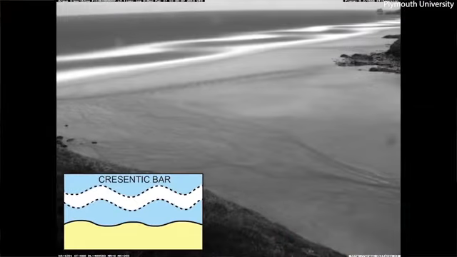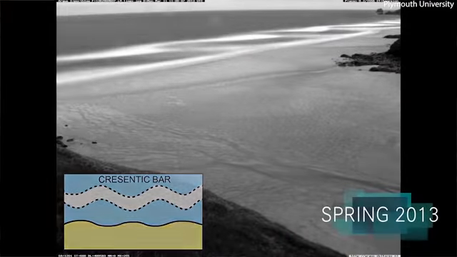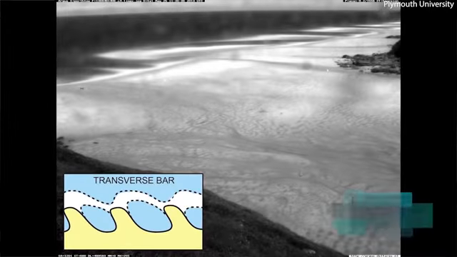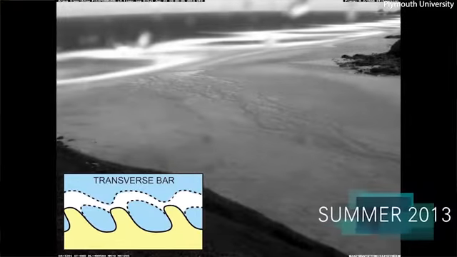And these factors vary on a number of time scales. Sandbars can vary from season to season. The tides obviously vary daily, and then you have neap and spring tides every fortnight. And the waves can obviously vary from seconds to years. So you may have one particularly stormy summer with bigger waves than the previous summer, and you may also get swell events that come from far away in the Atlantic, which come in and can surprise you.